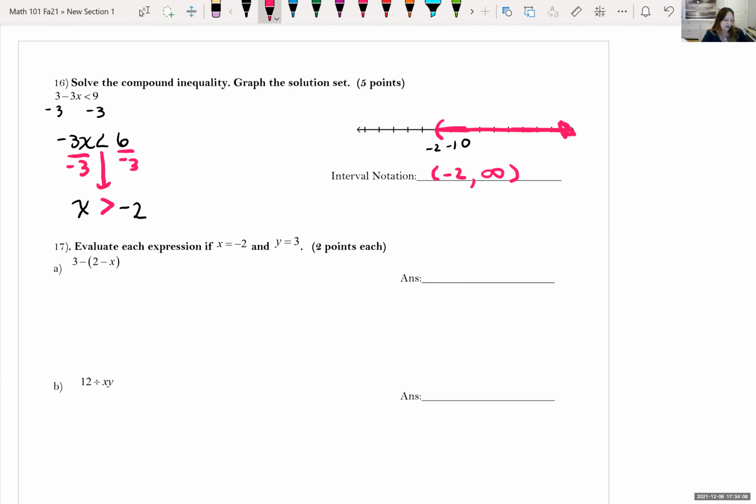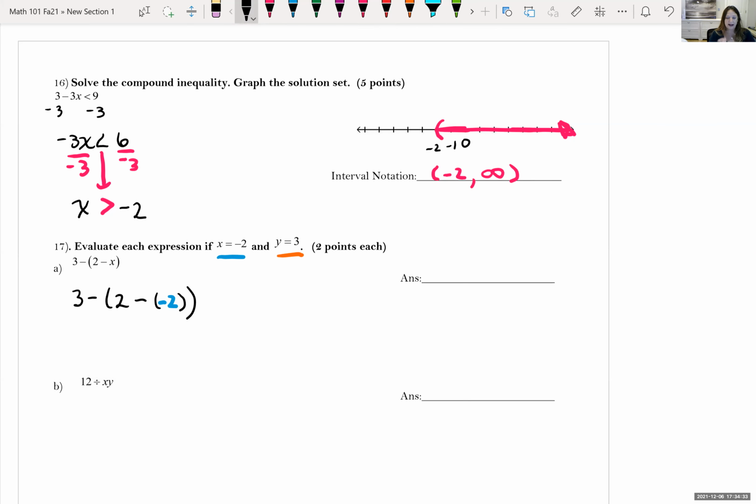So 17, you're evaluating the expression when x equals -2 and when y is equal to 3. So going in and plugging in those values. So we have 3 minus parentheses, 2 minus, and I see that I have an x there. So I'm going to put parentheses where I'm going to rewrite what x is. And x is -2.